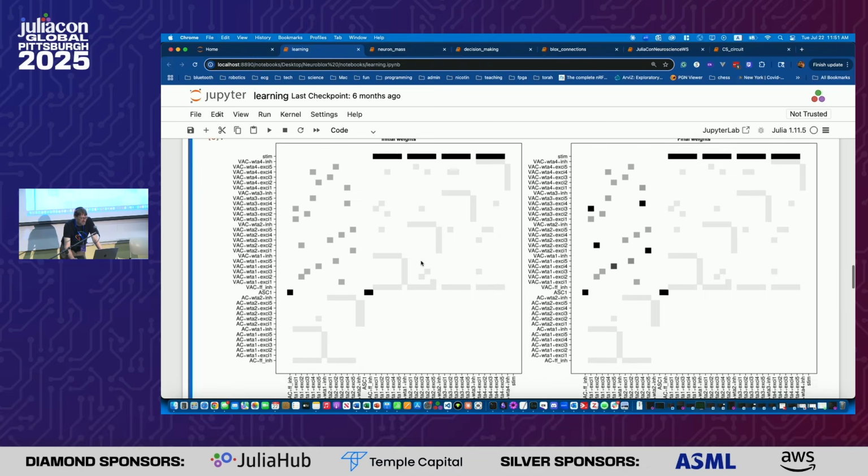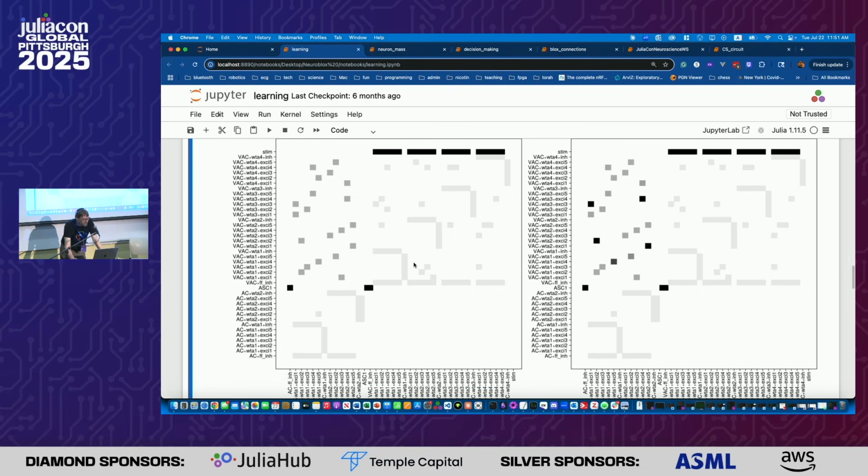So for example, here, this is an adjacency matrix. So here is the connectivity between the different winner-take-all circuits. I think we don't show all of them, but you can see that this is essentially the connectivity from different winner-takes-all circuits, right?